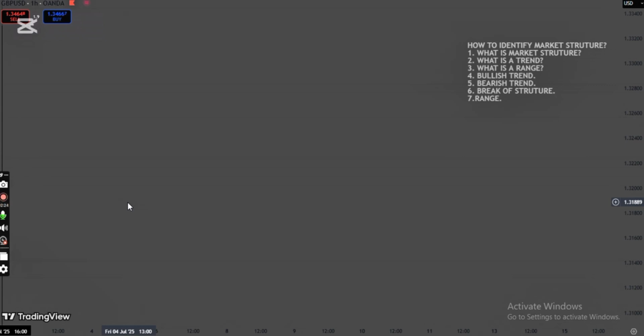So here we're going to identify what a market structure is. So how to identify a market structure? First things first, whenever you step on the charts, you need to make sure that you understand the structure of the market or the behavior, how the market is printing, or what is the current pattern that you need to see so that you can make informed decisions whenever you want to take your trades, right?